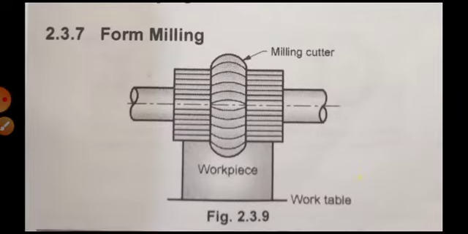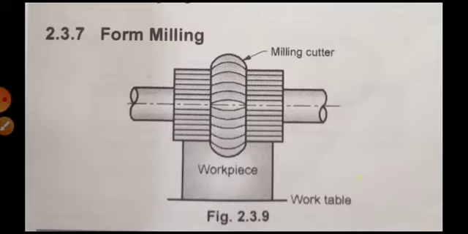Now the next one is form milling. In this also, a specific type of formation is made on the workpiece. Why is it called form milling? Because the shape of the cutting tool is reproduced on the workpiece. You can see the convex part of the milling cutter, which means the concave shape will be manufactured on the workpiece.